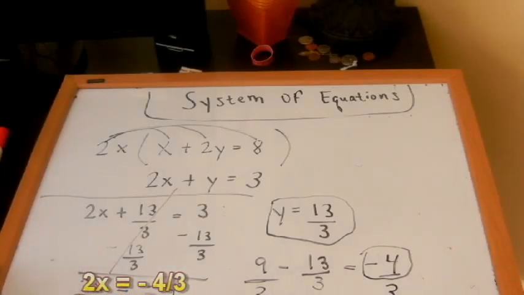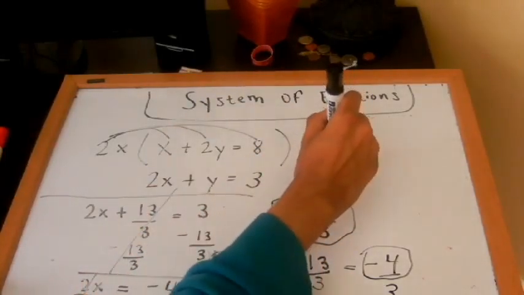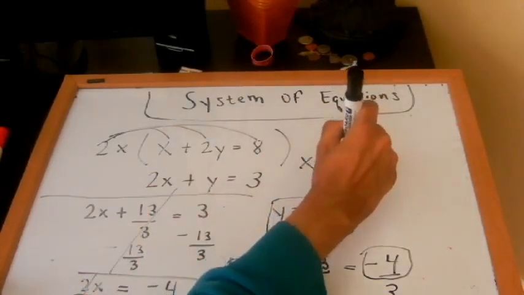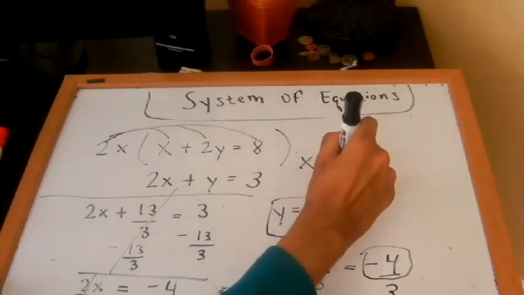And we divide both sides by 2 to isolate our x. And we get x equals negative 4 thirds divided by 2.